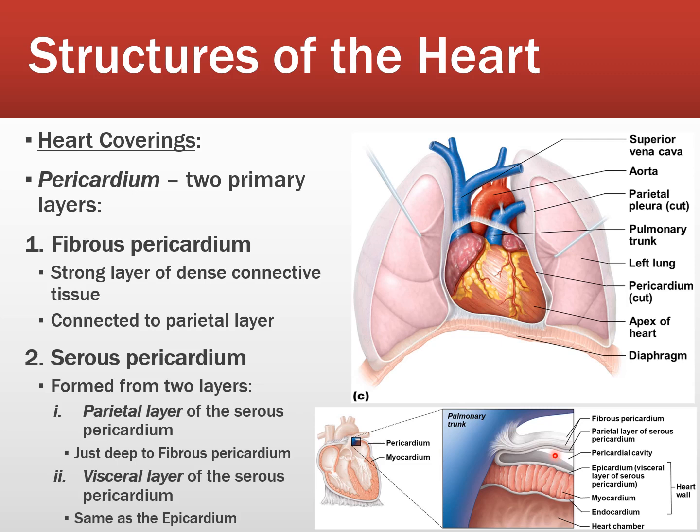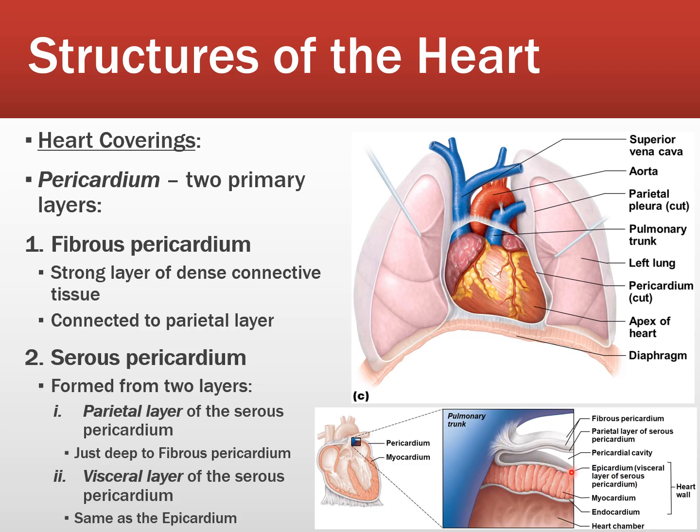So the visceral layer of the serous pericardium is the same as the epicardium. So here are the layers that we were talking about. We've had epi, myo, endo before, or epi, peri, endo. So very similar to other structures we've talked about. So our epicardium is the outermost layer, okay?